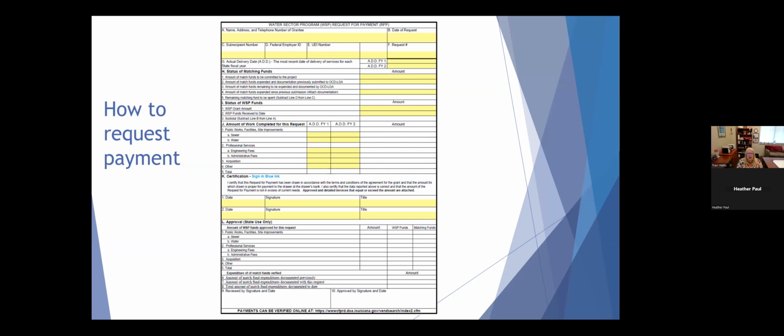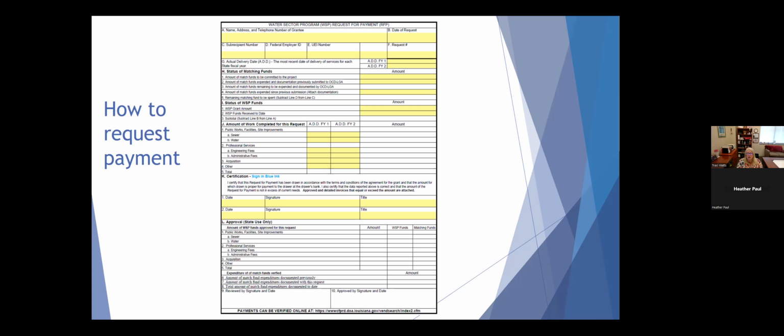On number 3, under H, the amount of matching funds remaining to be expended and documented would be the difference between 1 and 2. Then there is the amount of funds expended since previous submission, and then it says attached documentation.